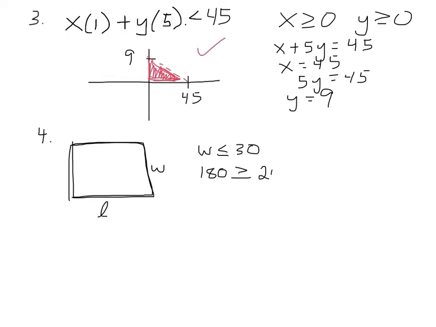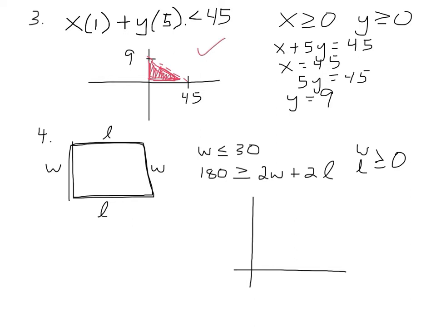So that would be 2W plus 2L because I have 2 widths and 2 lengths. And the other 2 things to think about are that W and L both will have to be greater than or equal to 0.